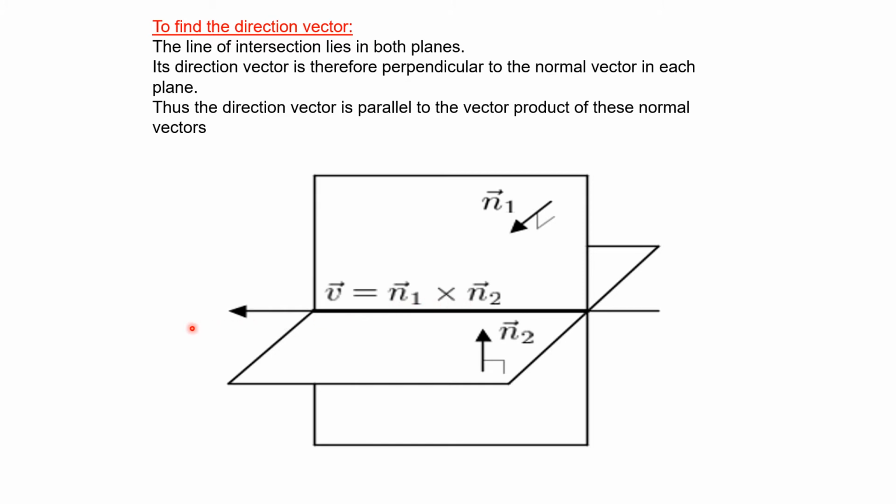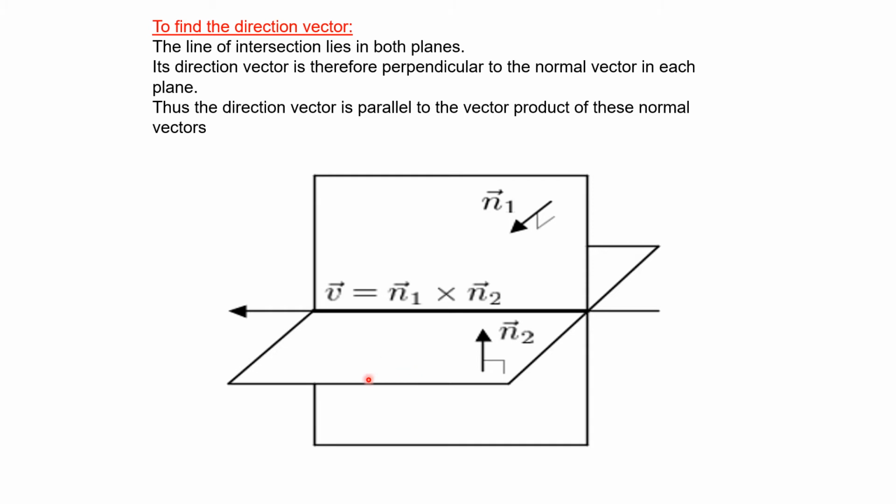And then its direction vector is perpendicular to the normal vector in each plane. As you can see, the normals are 90 degrees to plane 1. The direction vector v is perpendicular to the normal vector.